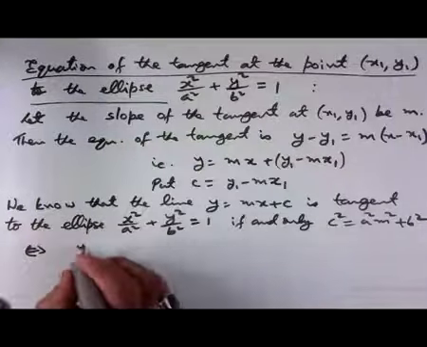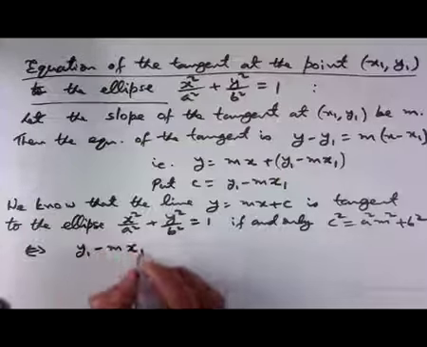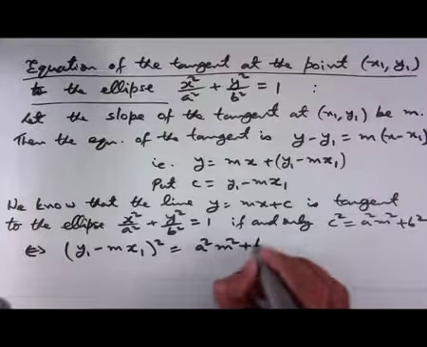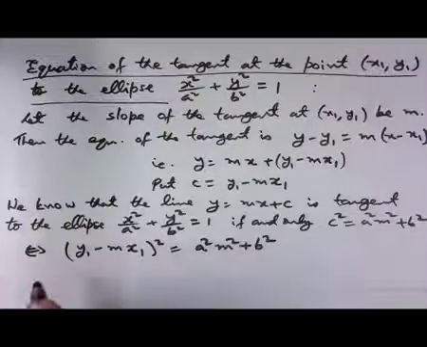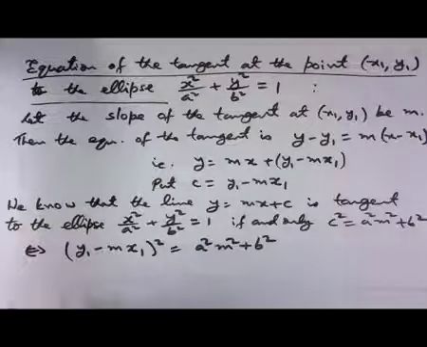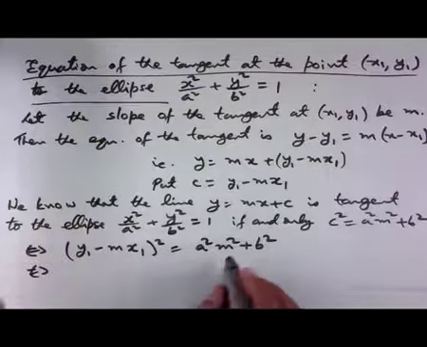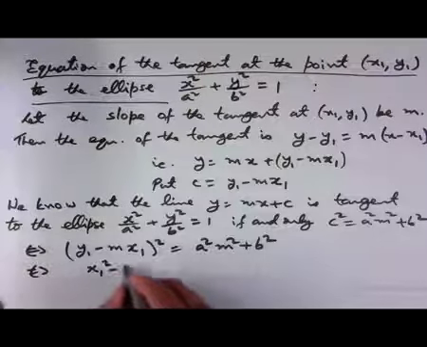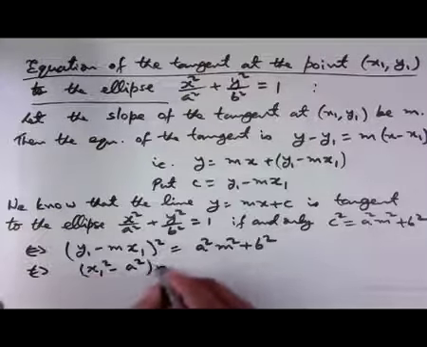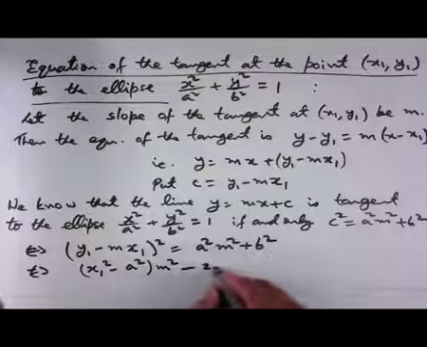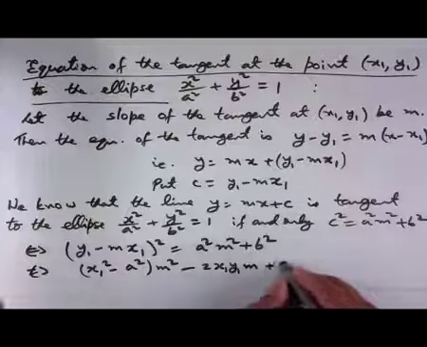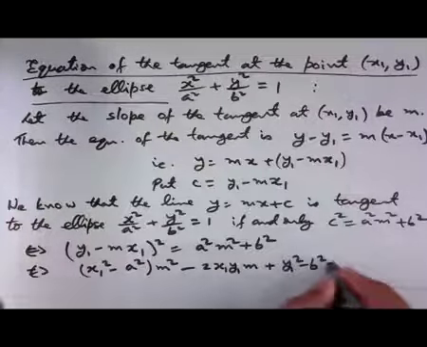So, this is the same thing as (y1 minus m x1) square equal to a square m square plus b square, and this you can see is a quadratic equation in m. This is equal to (x1 square minus a square) m square minus 2 x1 y1 times m plus y1 square minus b square equal to 0.